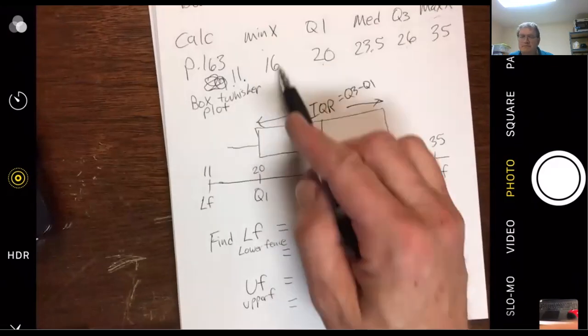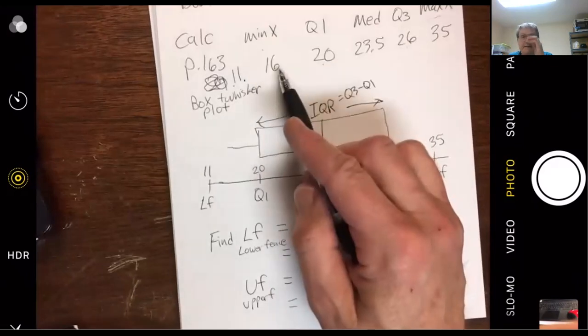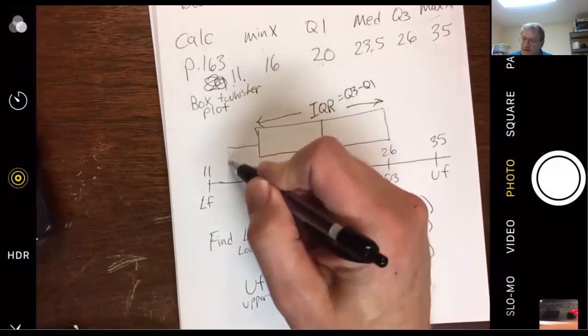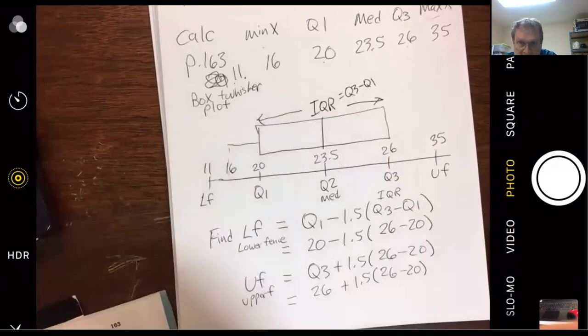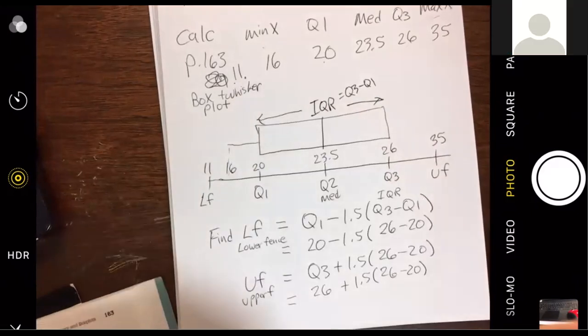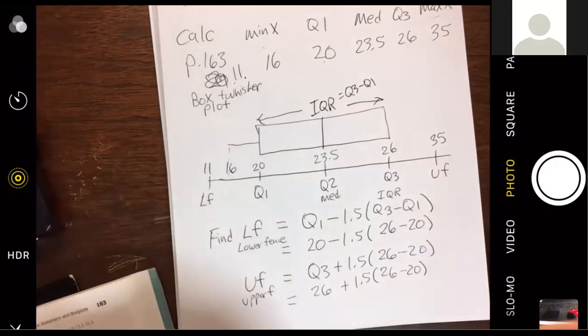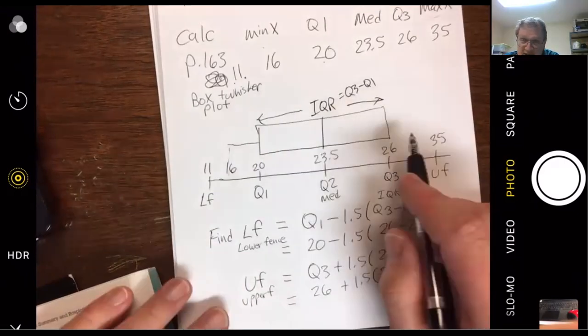The minimum value is 16. So this line does not go to 11, it goes to 16. Did we get that across?